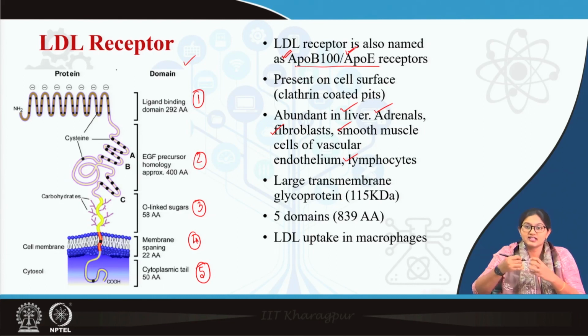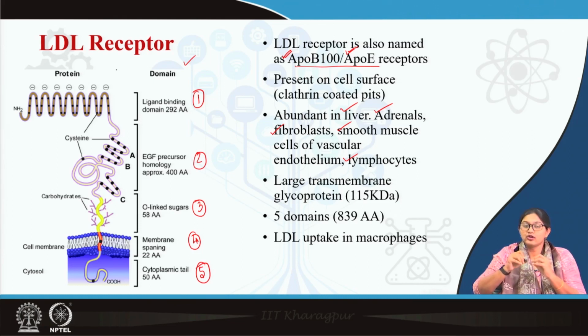So, once the ligand is bound to the receptor, it also needs to deliver the ligand or lipoprotein inside the cell. So, this region is basically important for expulsion. It extrudes the bound lipoprotein to inside the cell.